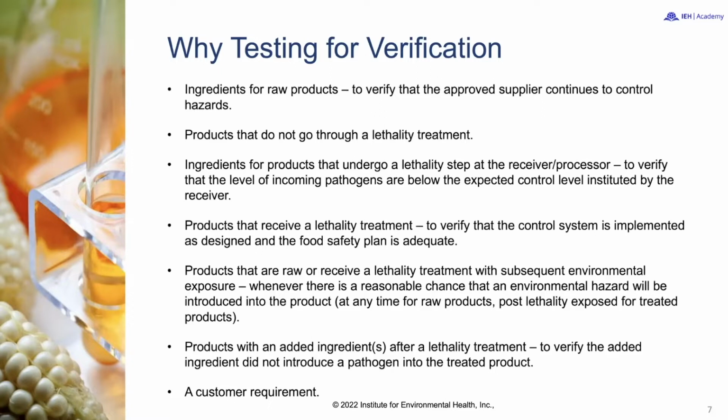In the case of fresh produce products, something like bagged leafy greens, these things really don't get a significant lethality treatment. They may well undergo treatments that reduce risk, but we're not talking about anything like a 5 or a 7 log kill for most of these processes. And what they go through is really risk reduction.